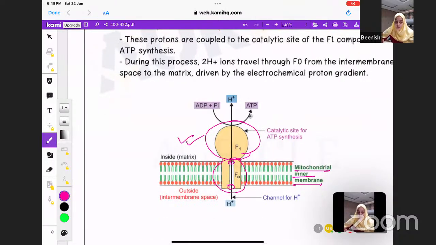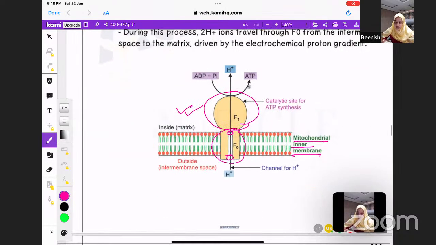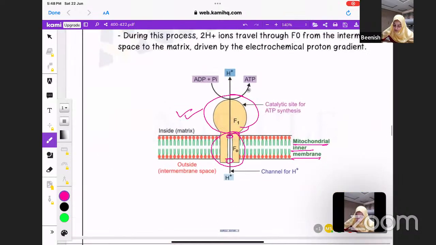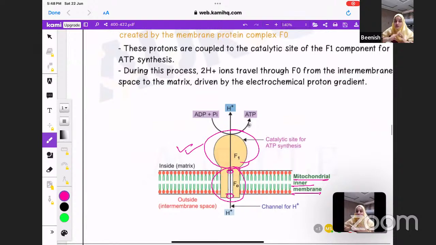Okay, so now how is this going to take place? That is your ATP synthesis. Because of the potential gradient that is generated, your protons are going to enter back into the matrix via the F0 subunit, and while they are being pumped back into the matrix, your F0 rotates along with the gamma subunit.